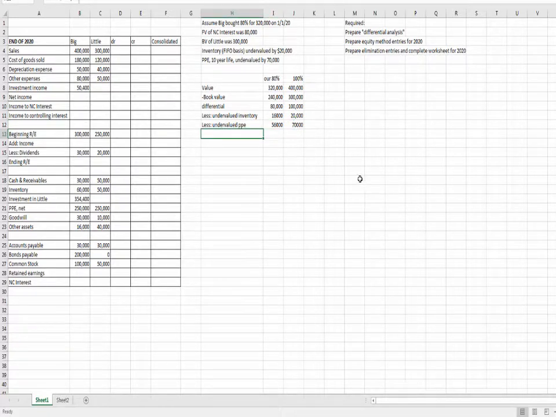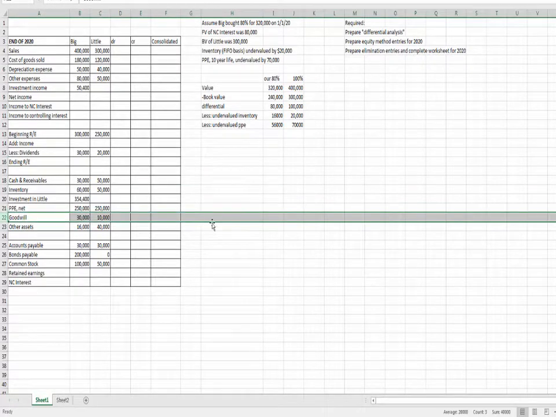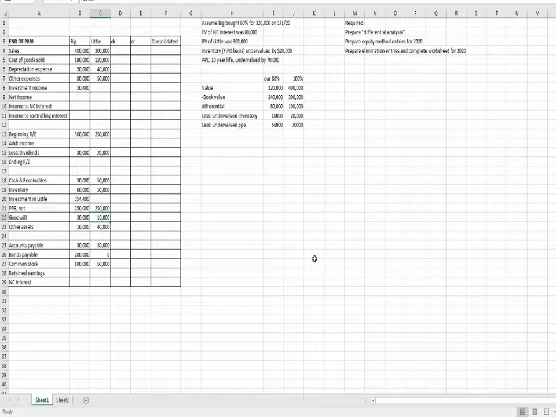And then lastly, it wasn't mentioned explicitly up here, but note that down in the trial balance, Little has goodwill of $10,000. As was mentioned previously, way back in an earlier lesson, the subsidiary's goodwill does not survive the consolidation process.